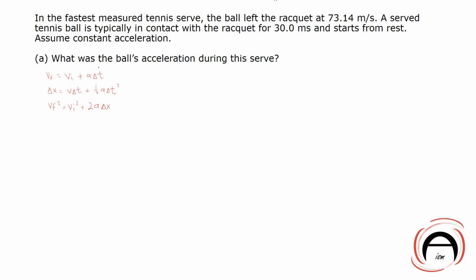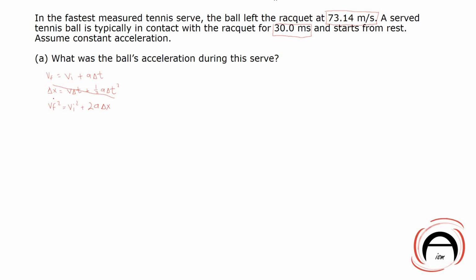If we're trying to find acceleration, all of these have an a in them, so they could work. But we're given the time and our final velocity, so we're looking for the equation that has both a final velocity and a total amount of time.